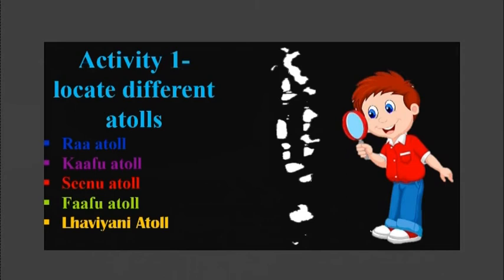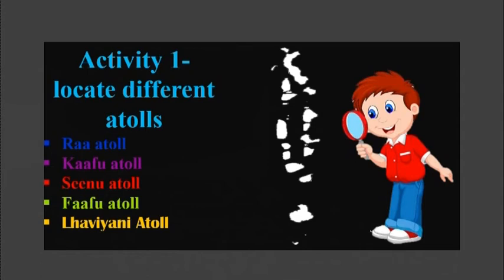The atolls in this slide are Ra Atoll, which is in blue color, Kaf Atoll, which is in purple color, and you can see Sin Atoll is in red color, Faf Atoll is in green color, Lavin Atoll is in yellow color. So you have to help me to find out where Ra Atoll is.